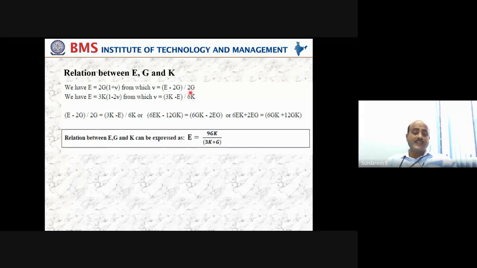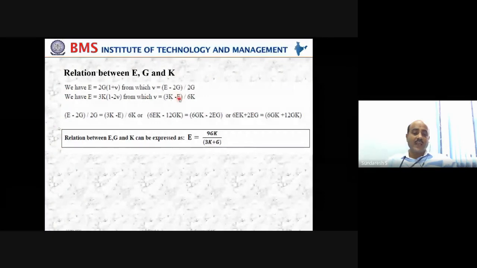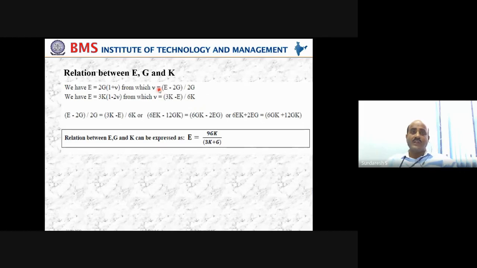This is the one we have obtained from the previous two relationships we have established. In both cases, we write an expression for nu, and now we will equate these two.